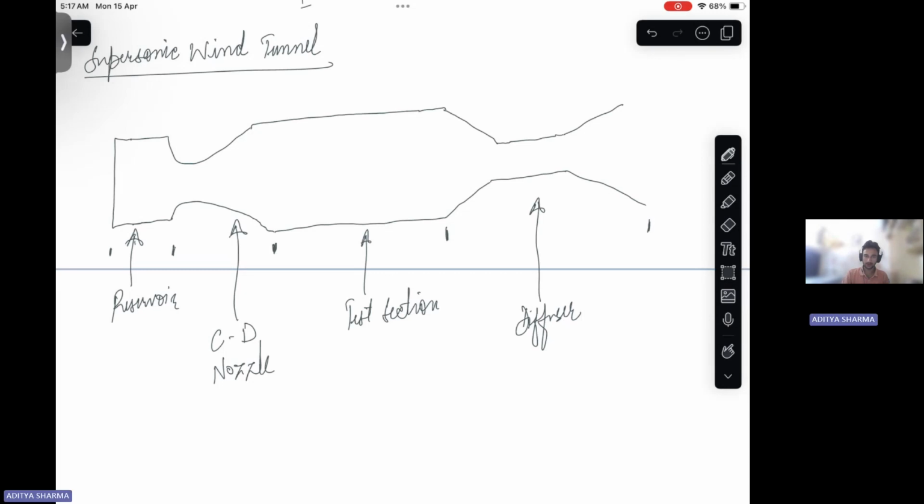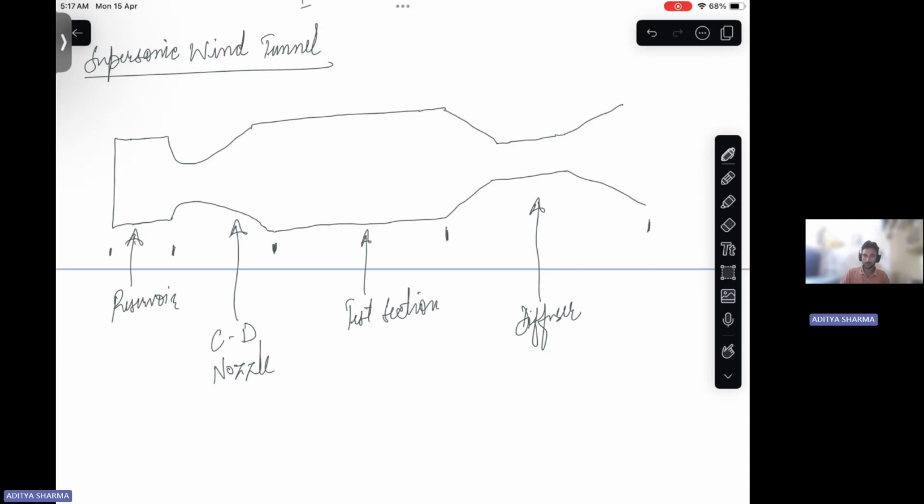After that expansion, it enters the test section, and after passing through the test section, it slows down in the supersonic diffuser, right? So this is a supersonic diffuser.